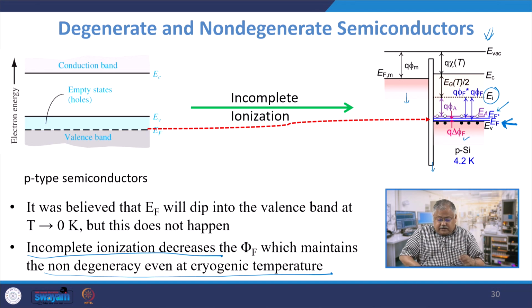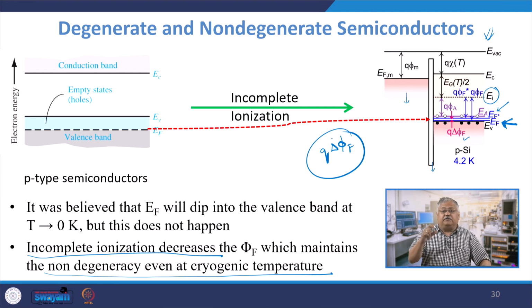The energy difference is given as q times delta phi F. Delta phi F is the difference in the Fermi level in terms of energy, in terms of voltages, actually electron volts. This is the amount of difference which you will get because of non-degeneracy in a semiconductor. You got the point?